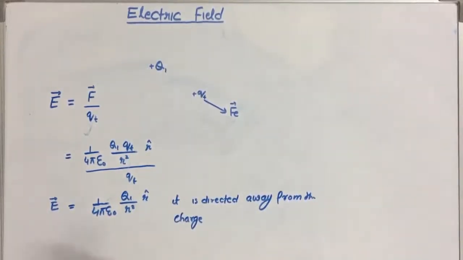In this way, we can conclude that if Q is less than 0, meaning Q is the source charge, then the electric field will be directed towards the charge.